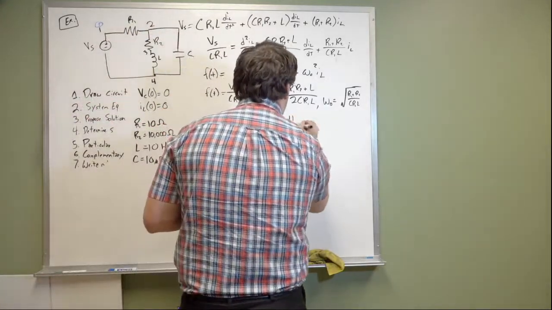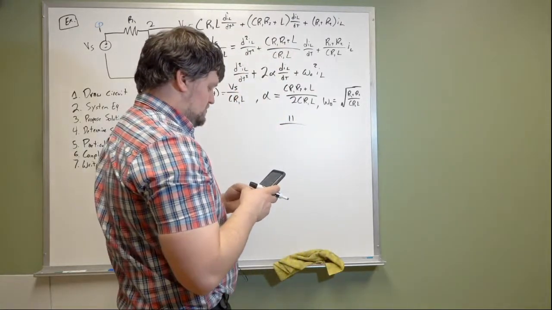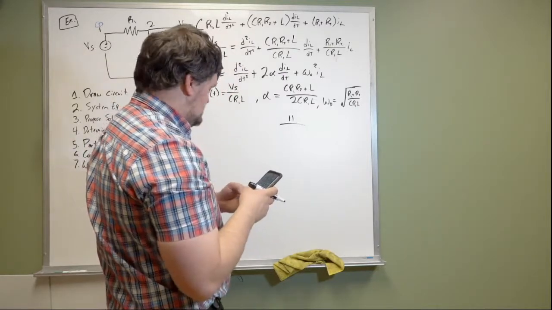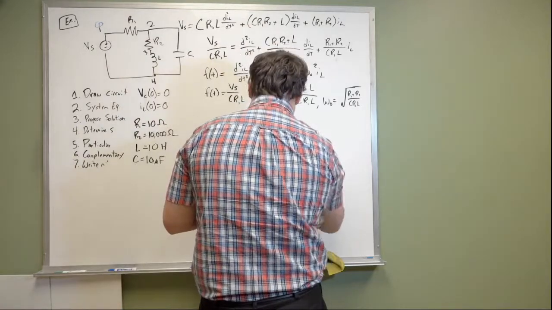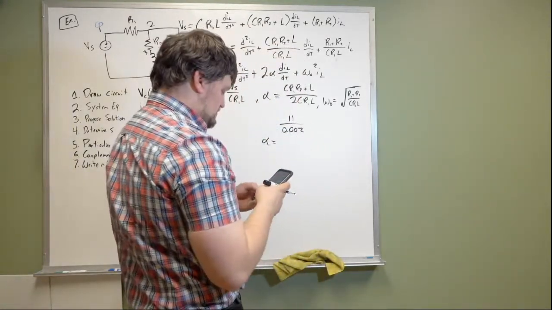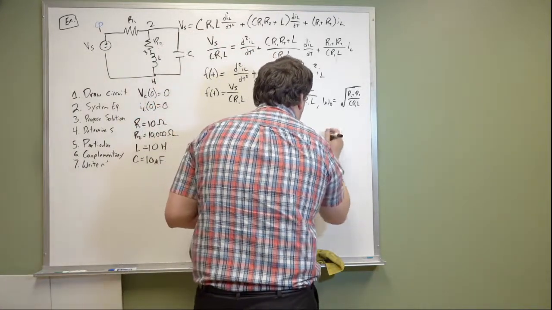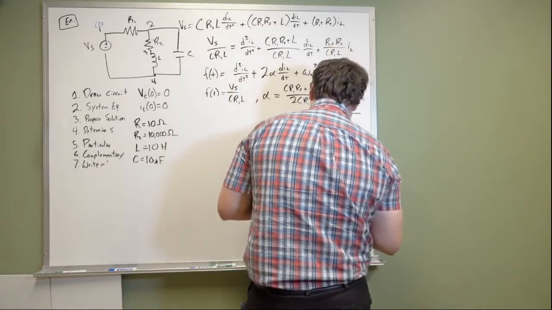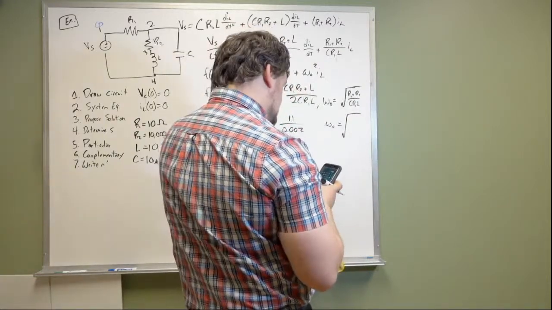This is equal to 11 divided by 2 times 0.0001 times 10 times 10 equal to 0.002. So our alpha is equal to 5,500.